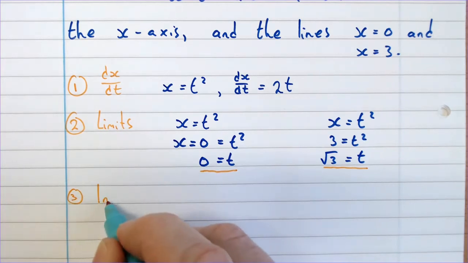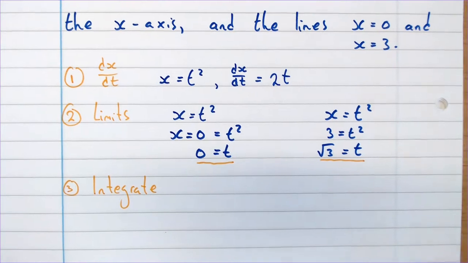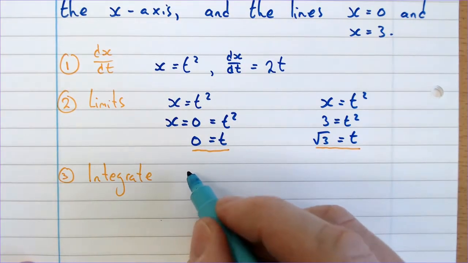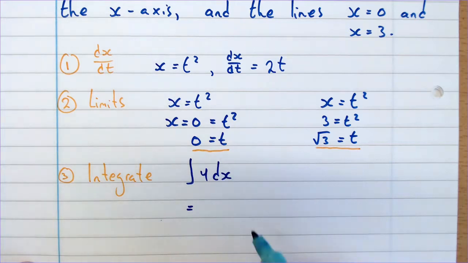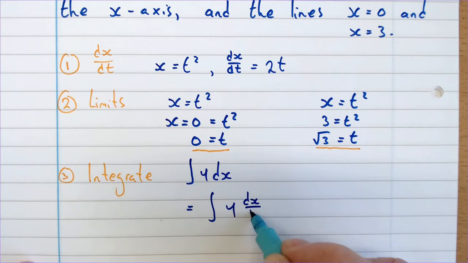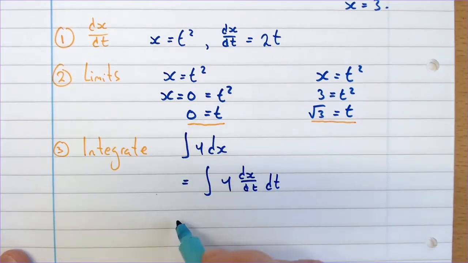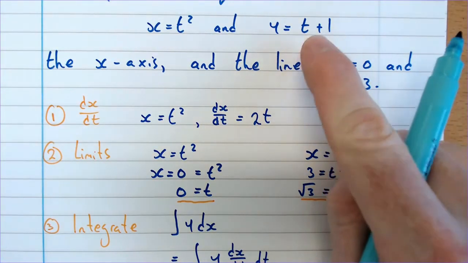Now, our integral itself, to integrate y with respect to x, we use our formula. We know the integral of y with respect to x is equal to the integral of y times dx/dt. So I'm just writing the formula down to remind myself of that. At this stage, I'm going to swap out everything for what I know. I know I'm integrating between two limits. I know my y is that.